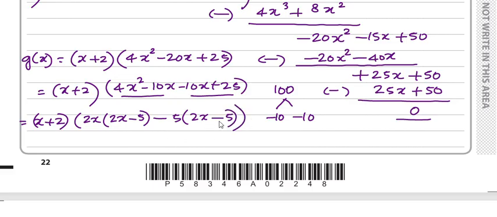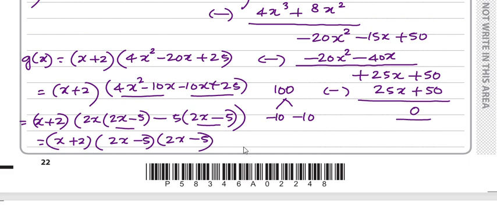Okay, right. Why did I write minus here? Because minus 5 times minus 5 will get me plus 25, which is required here. Okay, so this and this are common, so we can take it out. So that is equal to x plus 2 bracket 2x minus 5 bracket 2x minus 5 again.